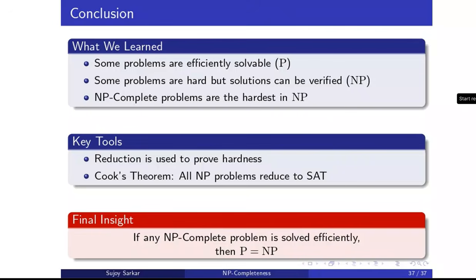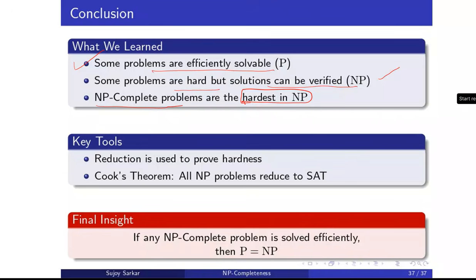So in conclusion, what we learned here is that there are some problems that are efficiently solvable, and then there are some problems that are hard, but whose solution can be verified. That is the NP class. Then there are NP-complete problems, which are the hardest problems in NP, as hard as any other problem in NP.